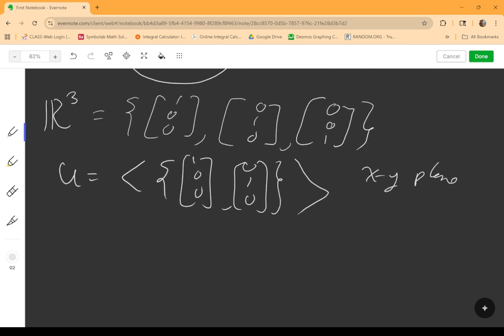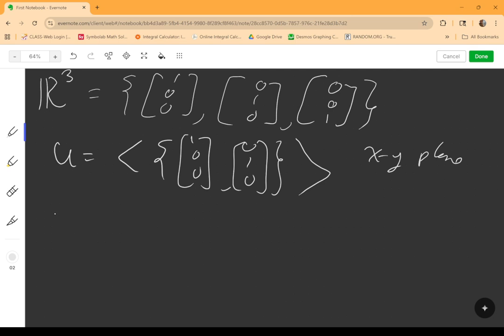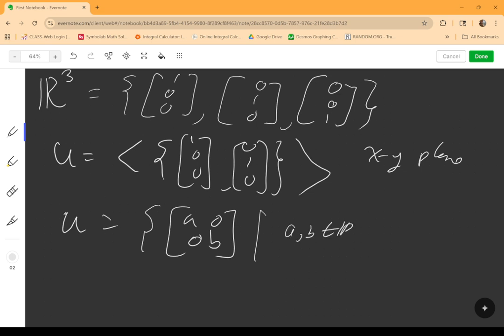And similarly, not geometric, but if we look at the matrices, if we define U to just be two by two matrices where we have numbers A and B on the diagonal, and off diagonals there's 0, so A and B are any real numbers. A and B can also themselves be 0, but they can also take on other values.